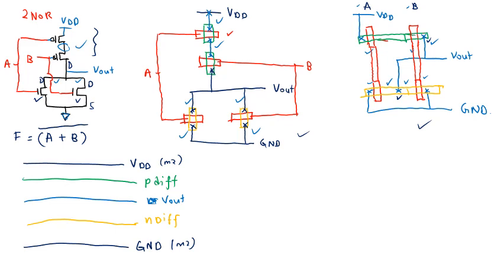So if you want to draw this, the polysilicon has 2, A and B, then you just draw like this. And then maybe looking from the ground first, go to both sources of the NMOS. So you have a metal connected to these two, so you can put it like this.